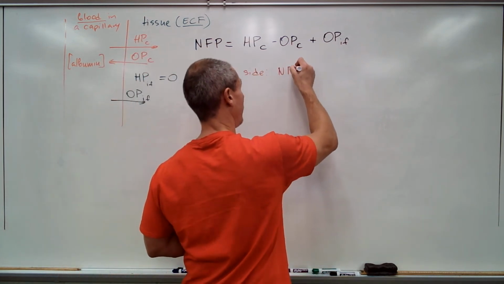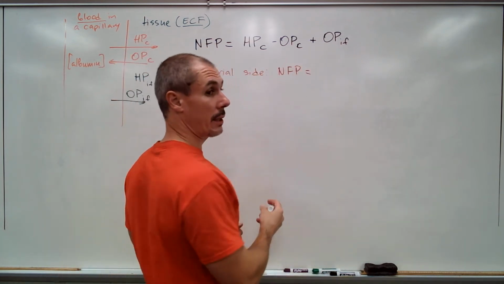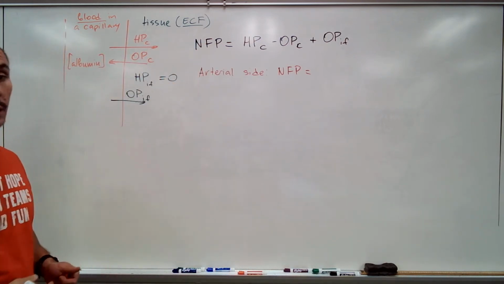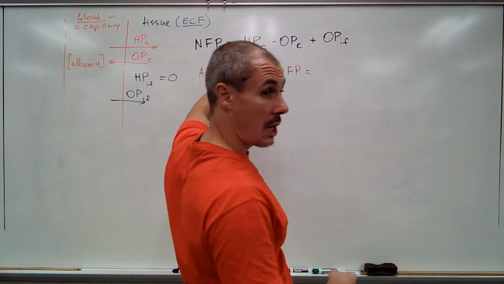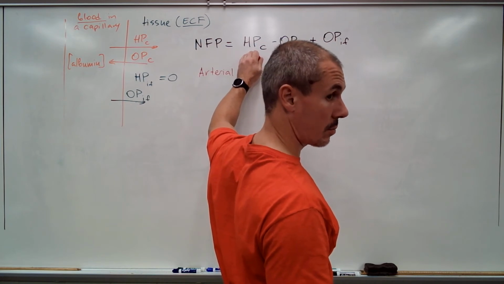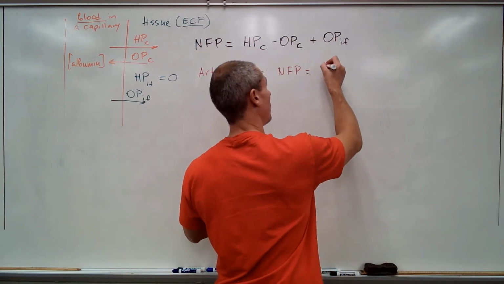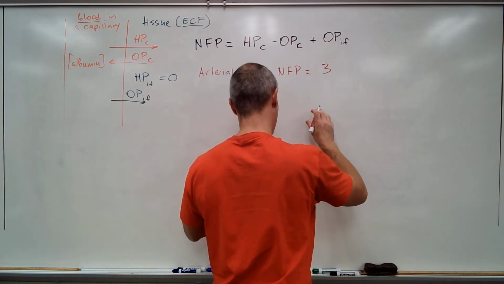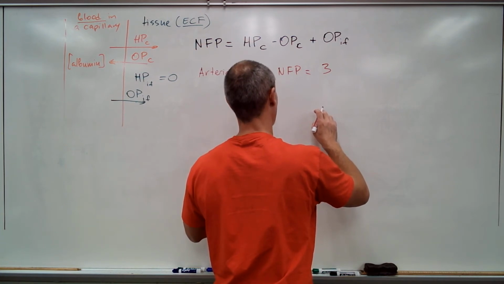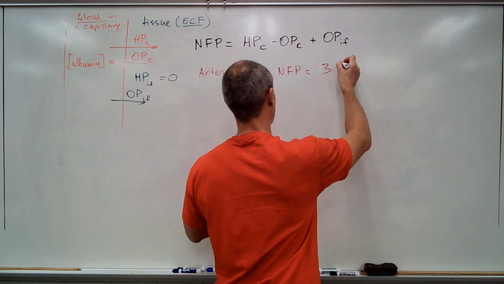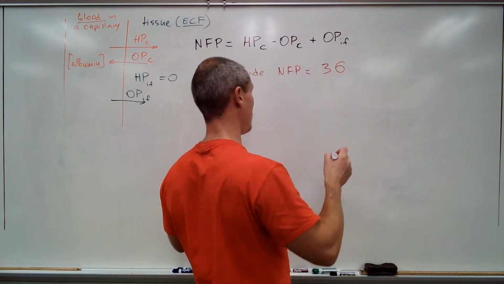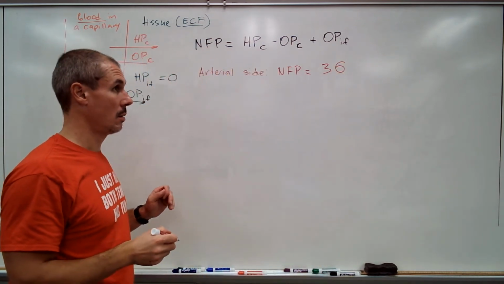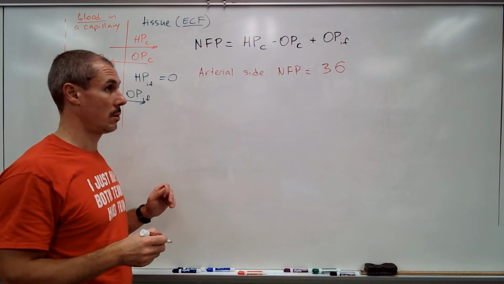So, net filtration pressure at the arterial side, and I'm going to use numbers. So, hydrostatic pressure in the capillaries on the arterial side is 36, I think. 36 or 35.